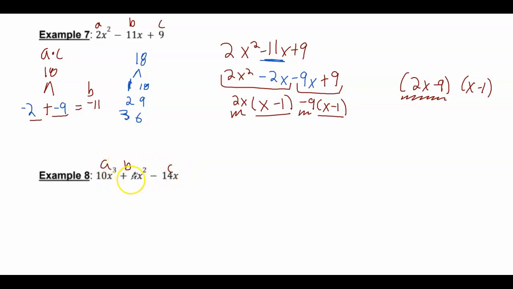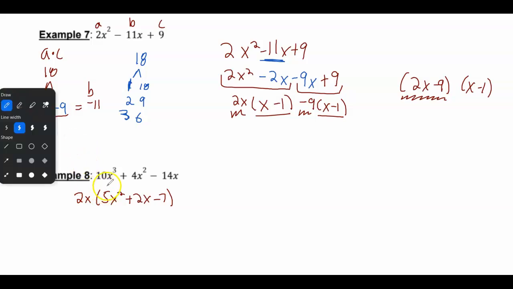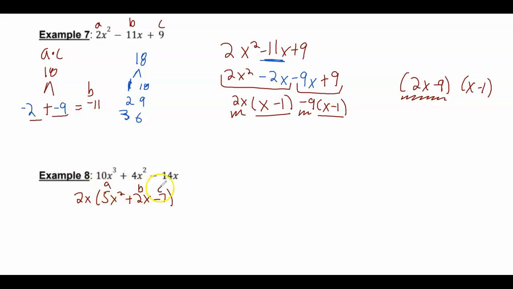I do see a GCF of a 2 and an x. So I'm going to go ahead and factor out a 2 and an x. So my ABC is actually a negative 7.